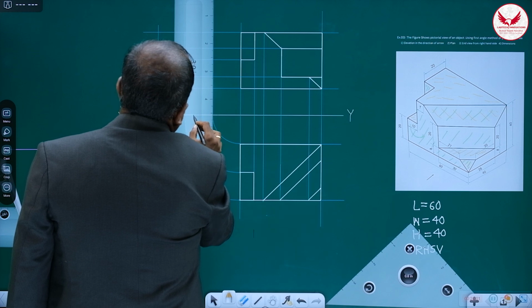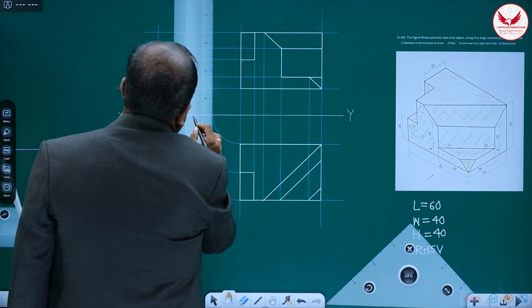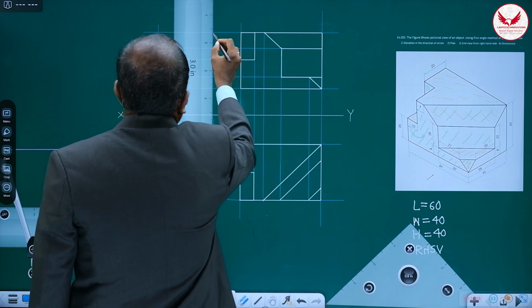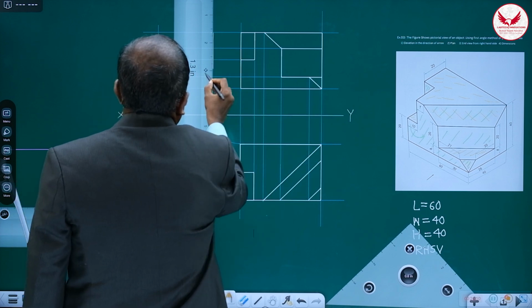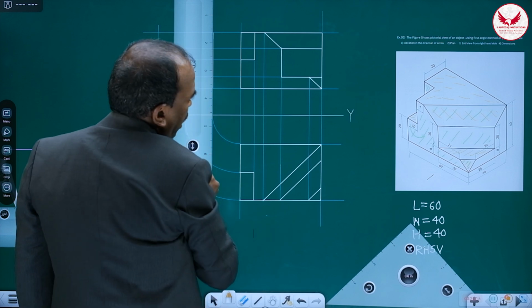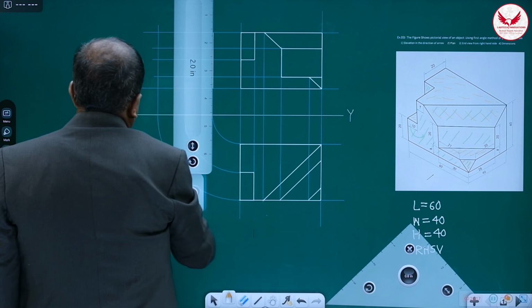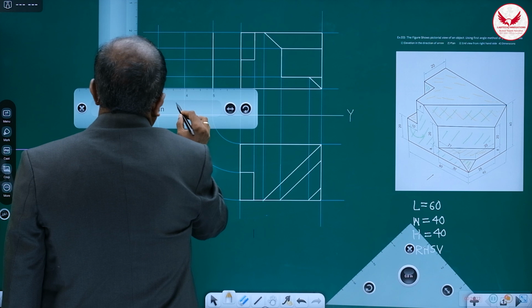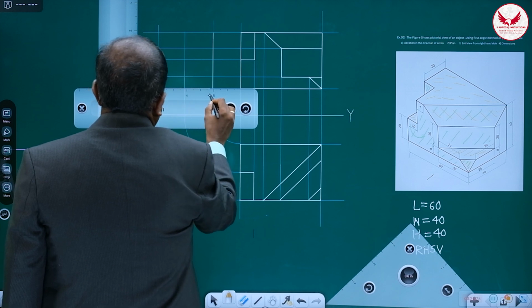So this is the portion of that side view, and it is throughout. In the side view, this line is of 40. It is 40. Then again, this line is also 40.